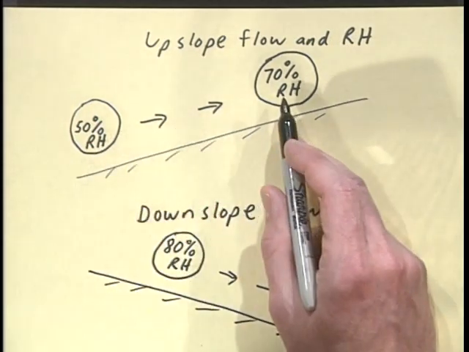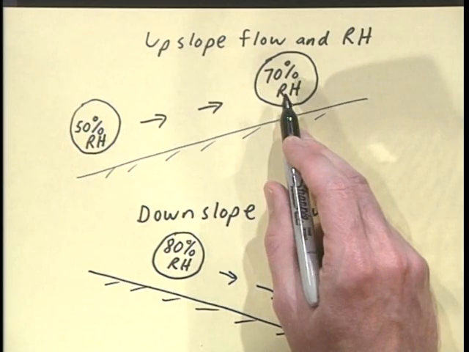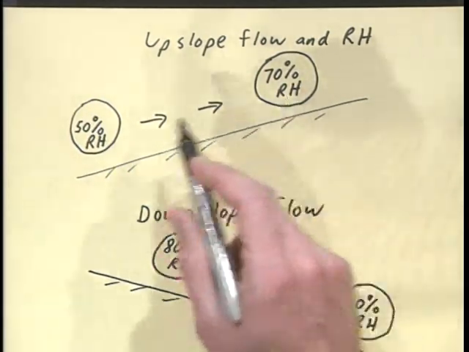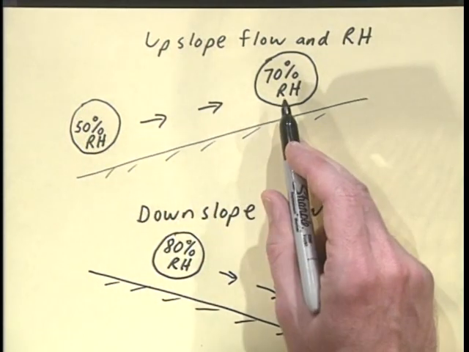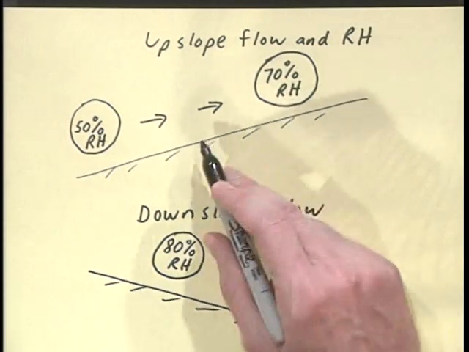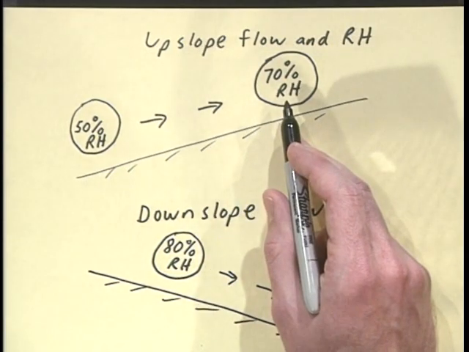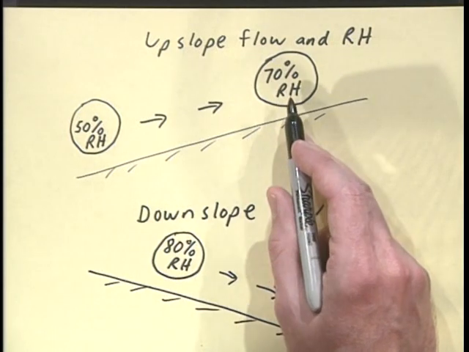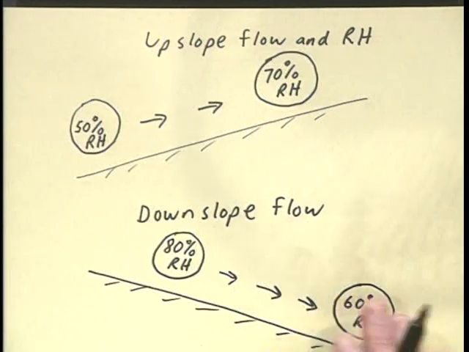As it's lifted up further, it now has a relative humidity of 70%. It has the same amount of moisture in the air that it did here, but now the temperature and dew point are closer together since the temperature has cooled down. So rising air cools, and if it's unsaturated, it gets closer to saturation. Once it becomes saturated and it continues to lift, then precipitation will occur.